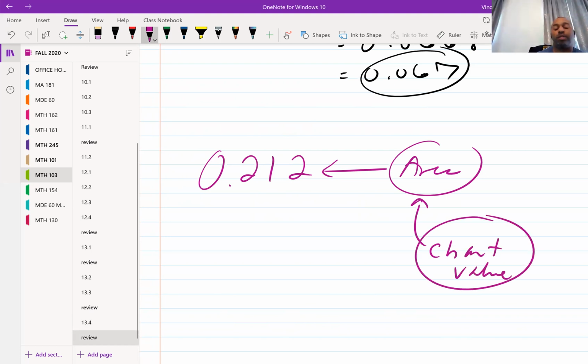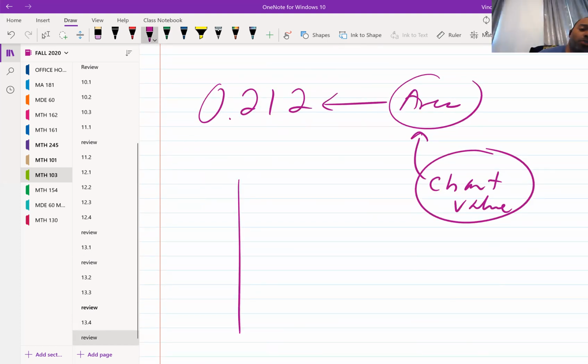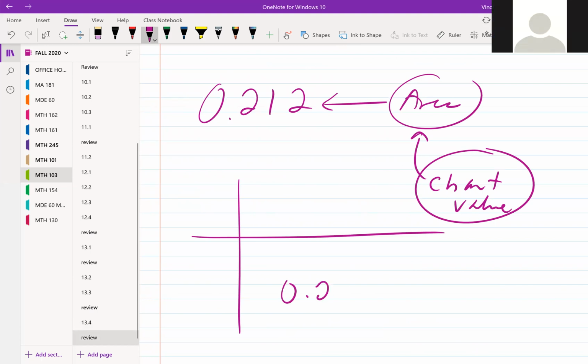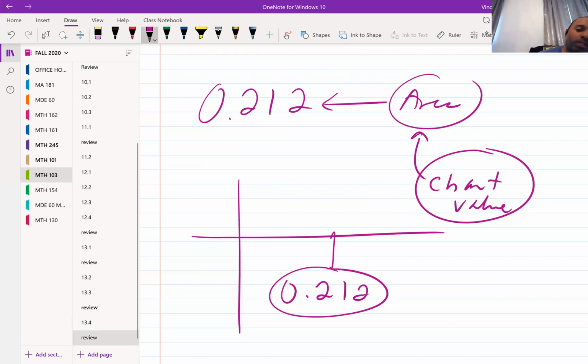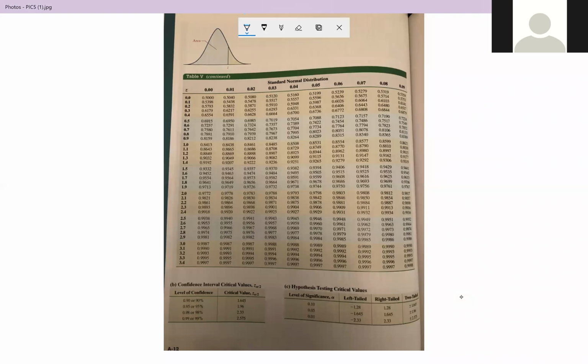So what they did in this problem was they gave you the chart value and they want you to find the z-score that corresponds to it. So you go into the chart and find the value that's closest to this and see what z-score corresponds to it. Okay, let me write that down. Maybe we'll remember that.